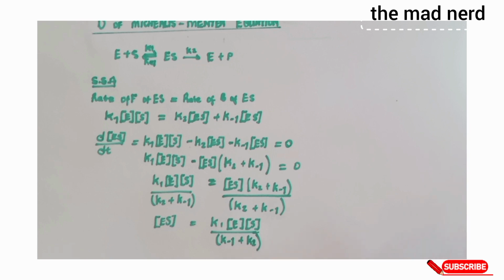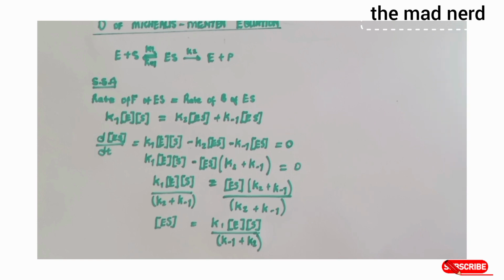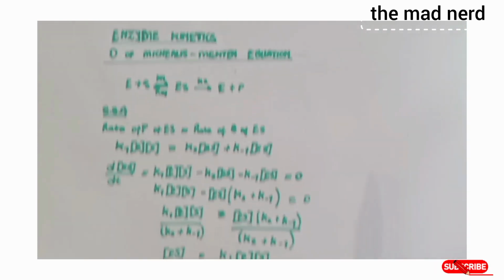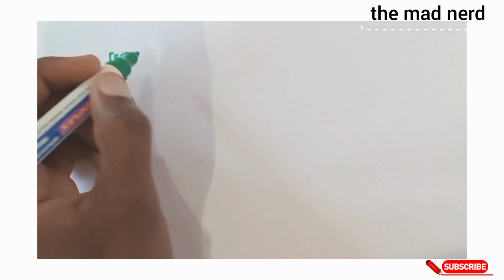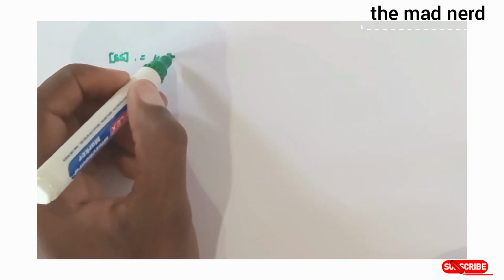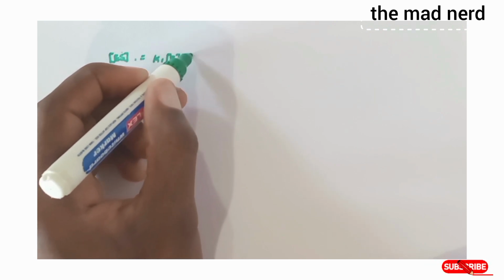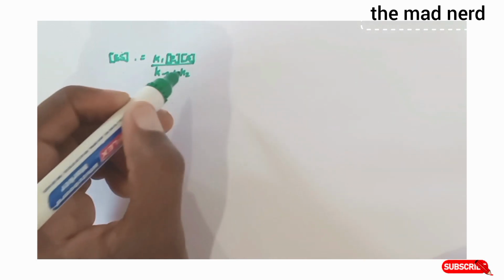And now something that I should introduce now is a Michaelis constant, that is a Km. And then let's look at the Michaelis constant quickly. So now the Michaelis constant, since we have the concentration over here over ES, that is equals to K1 into the concentration of E, and then a concentration of S, and then over the K of -1 plus a K of +2.